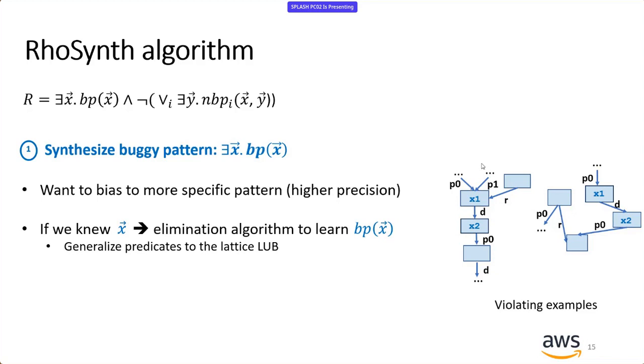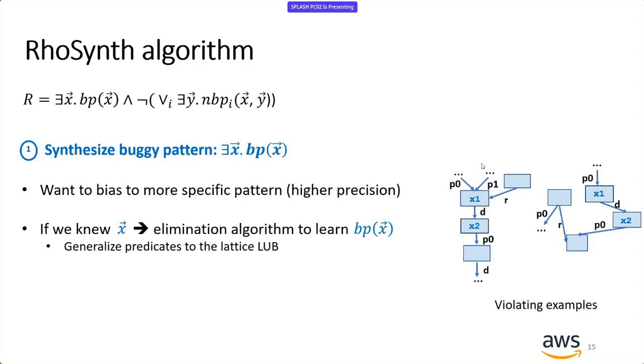It starts with all the predicates and eliminates any predicate that is not satisfied in the input examples. In our case, since our edge and node predicates are lifted to lattices, the generalization would actually occur by moving up the lattice using the least upper bound.